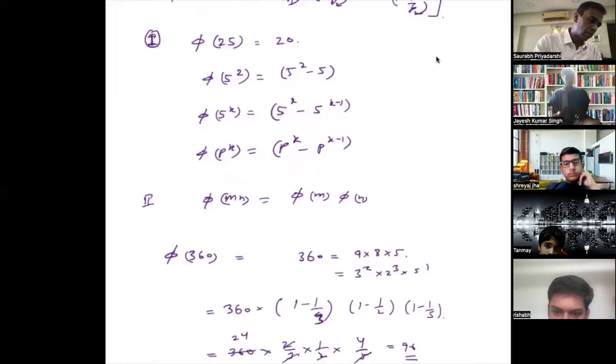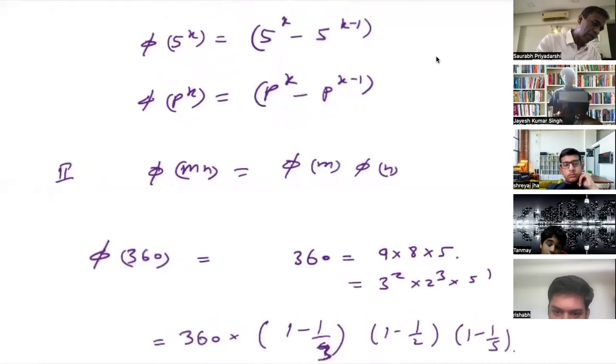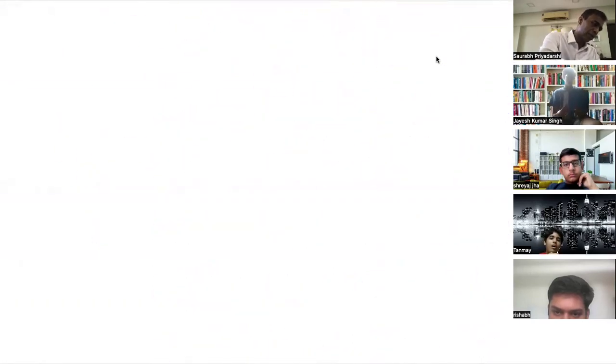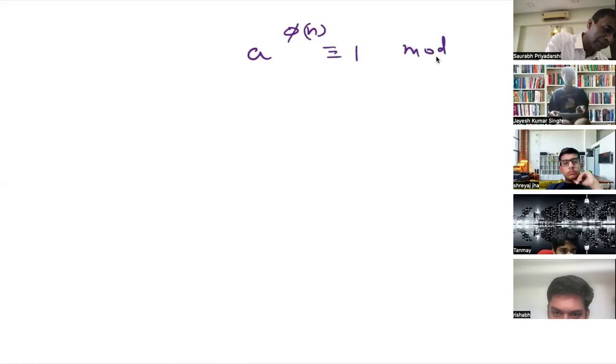So what Euler said: don't use a to the power p minus 1 congruent to 1 mod p. Instead, we can apply the formula a to the power phi(n) congruent to 1 mod n.